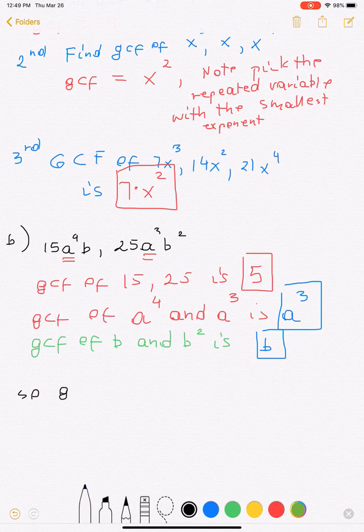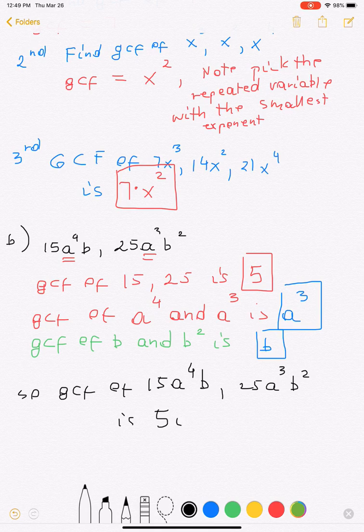So, greatest common factor of 15a to the power of 4b, 25a to the 3rd power, b squared, is 5a cubed b. That's your final answer.